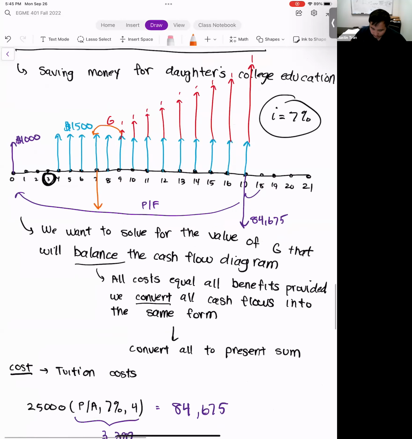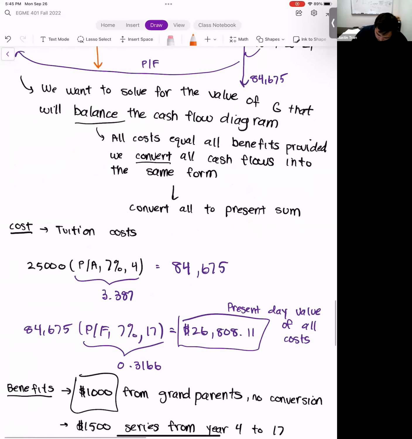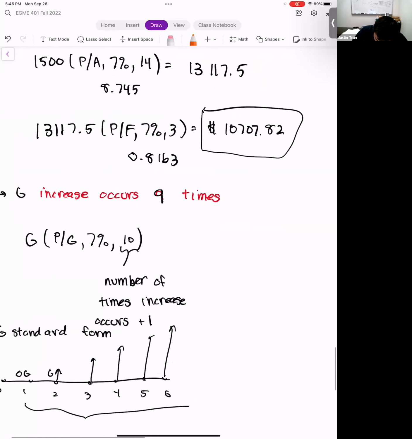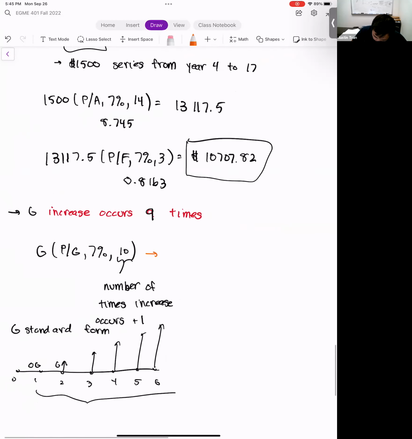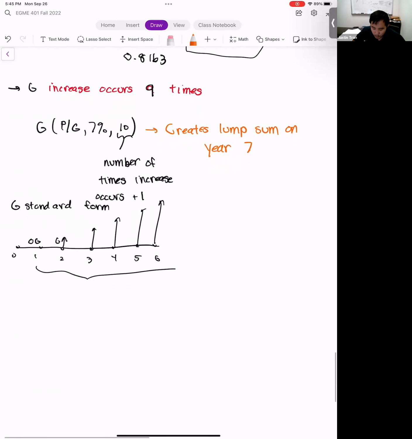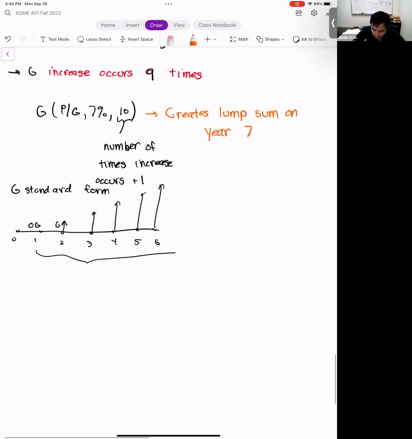And then so, if this conversion right here creates a lump sum on year 7, because remember, the lump sum that we create for this is going to be 2 years before the increases actually start happening. And so to convert this back to present day, what we need is actually a P over F conversion for this. A P over F conversion that is listed for 7 years.